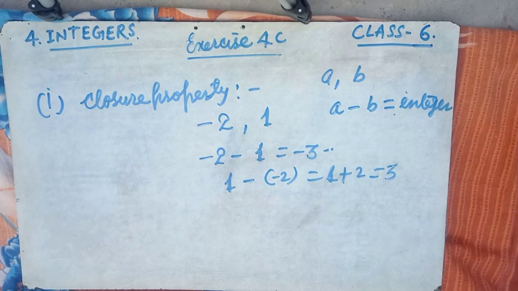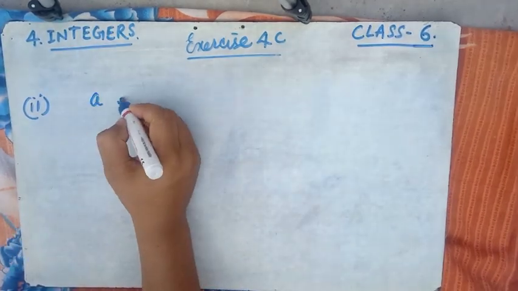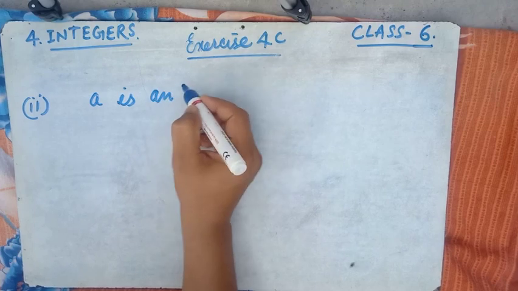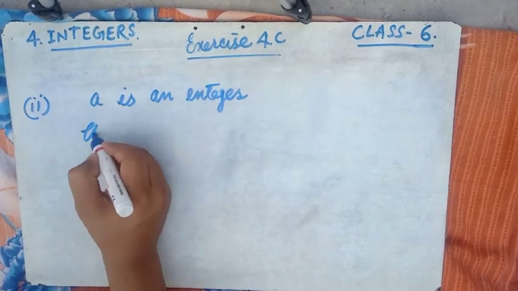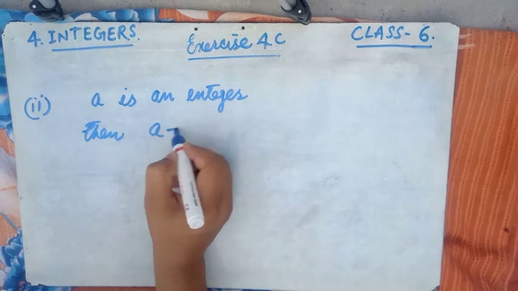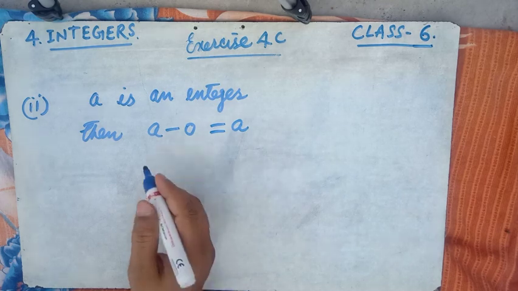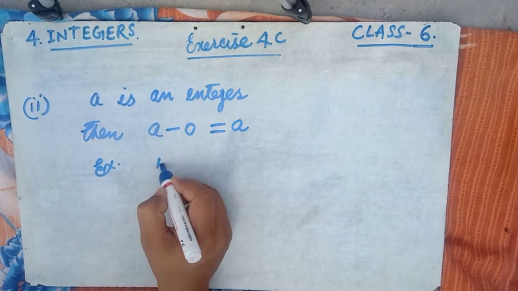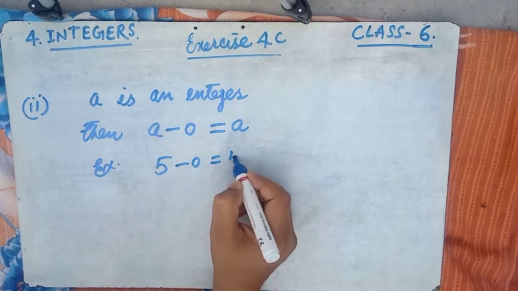Now the second point, friends: suppose a is an integer, then a minus 0 is equal to a. For example, suppose 5 is an integer, then 5 minus 0 is equal to 5.